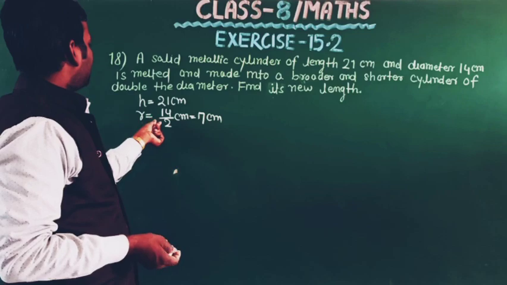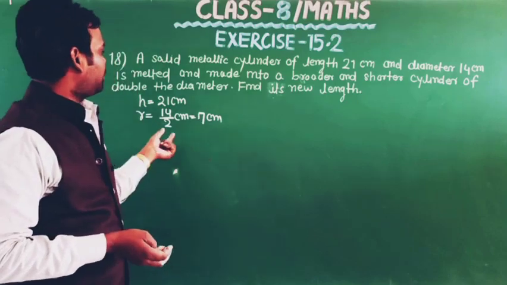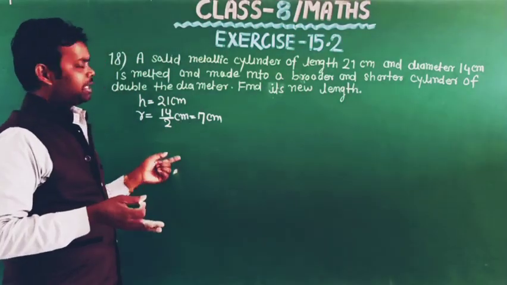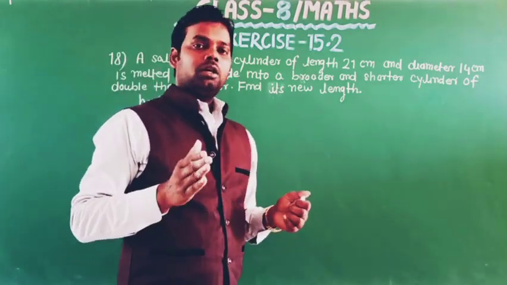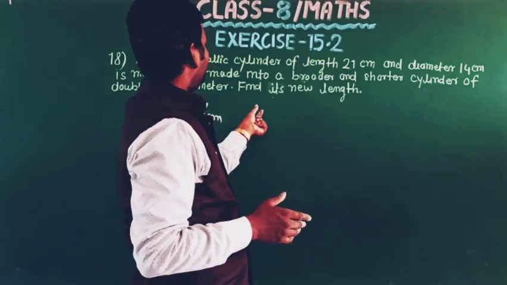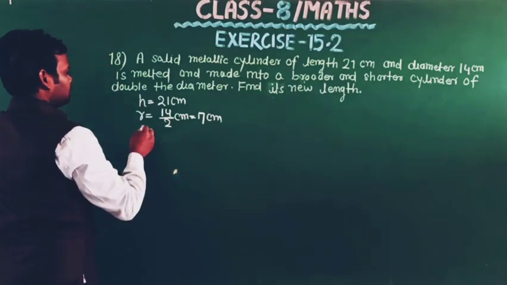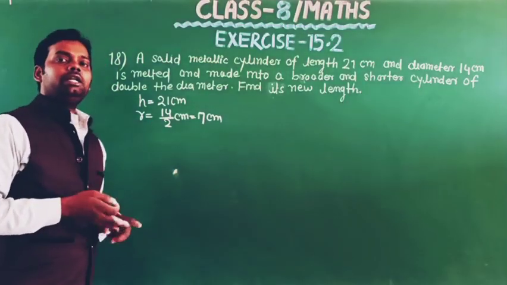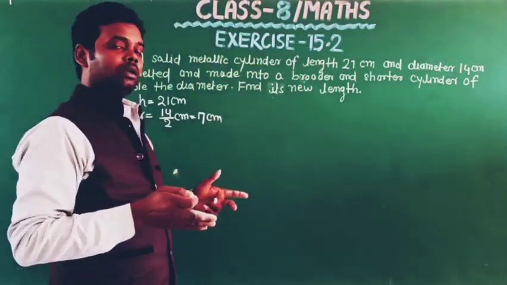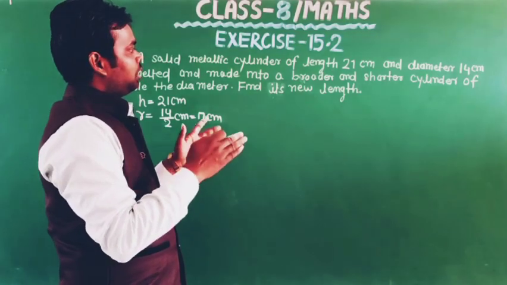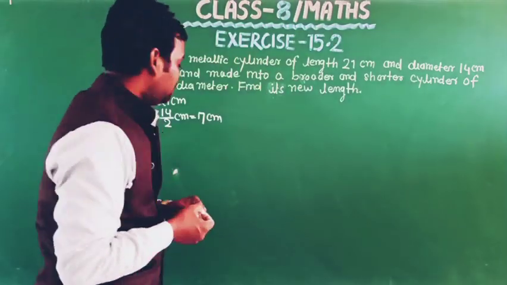The diameter of the given metallic cylinder is 14, so double of the diameter means 28. So 28 is the diameter of the new cylinder formed, that is broader and shorter.